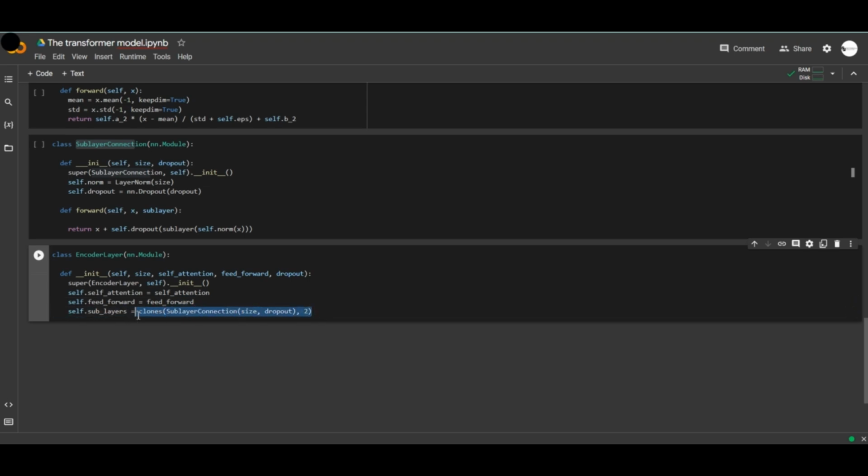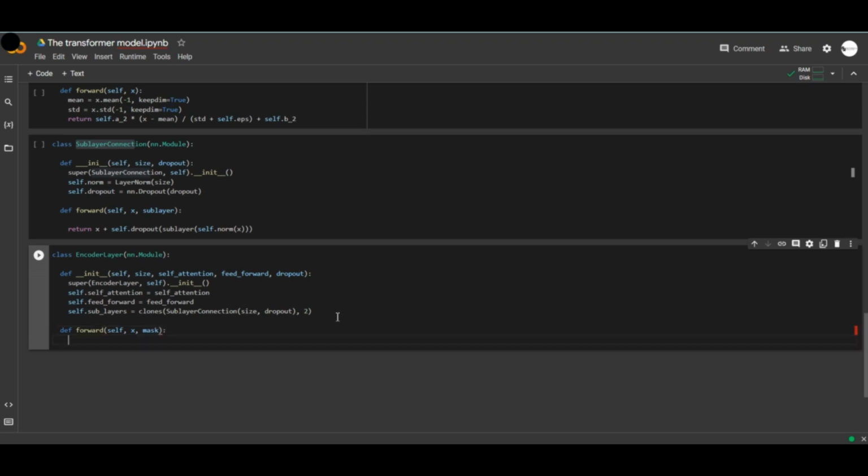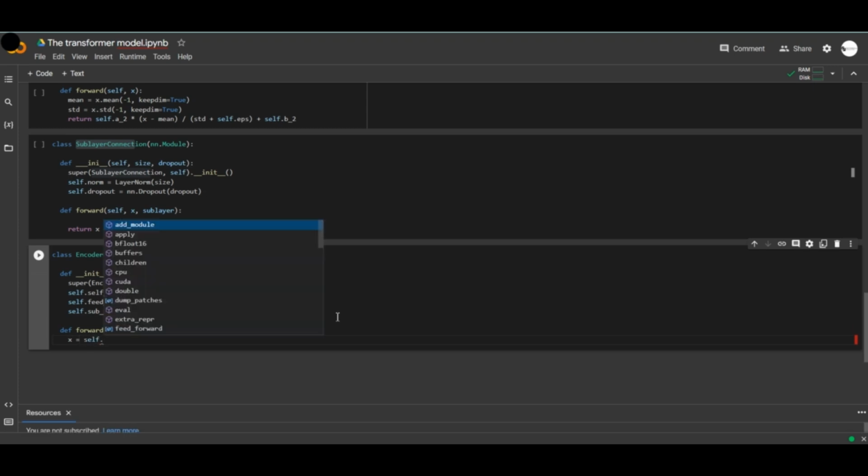How do we do that? We create this function forward. Essentially, you need to apply those 2 sublayers to the input. So we have self, x, we take in mask, so we have x equals self.sublayers.